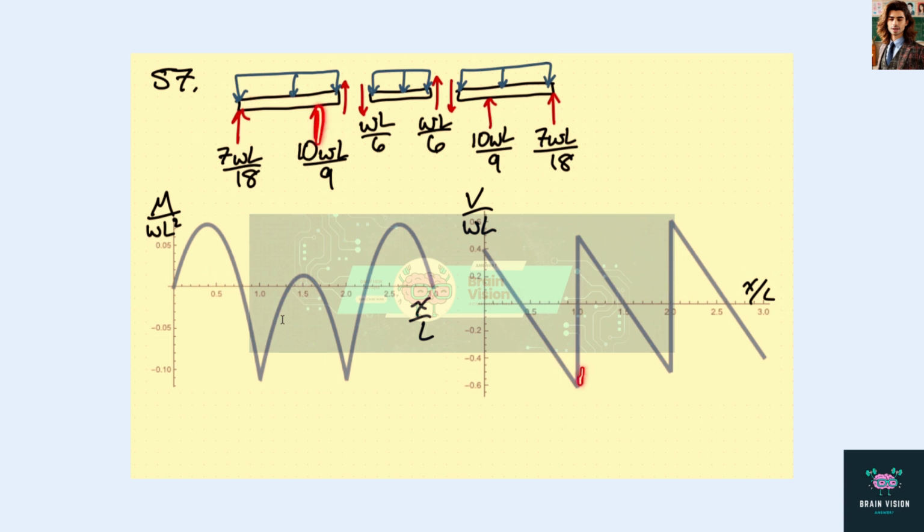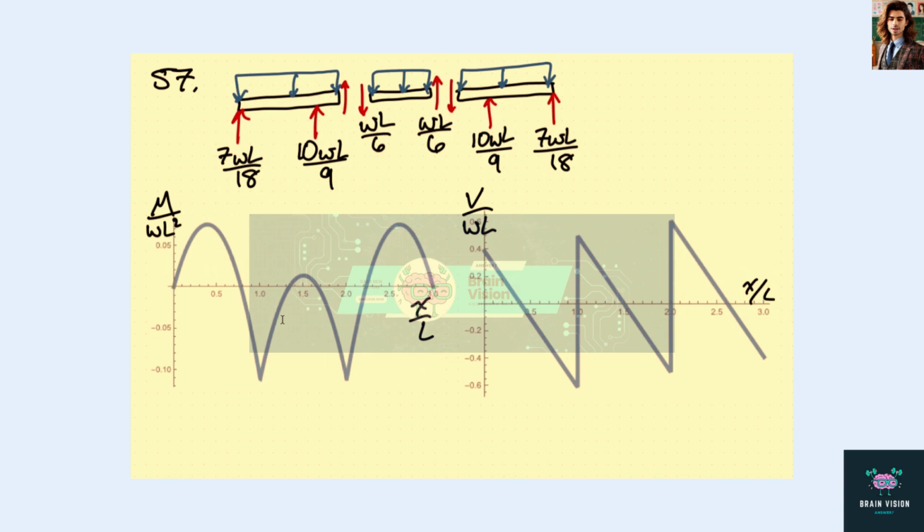Then at this support we jump up 10 ninths units, and then we have a linearly decreasing shear in this region. Then we get to the middle, where we don't really need to take a cut, because that's an internal value. The shear at that point is 1/6.